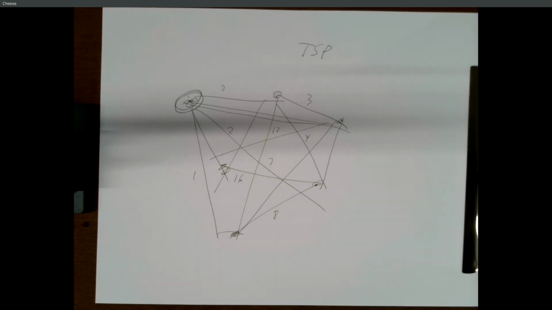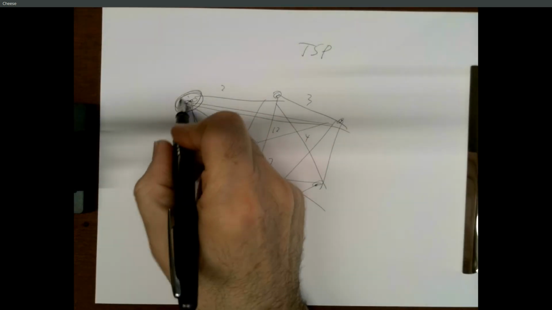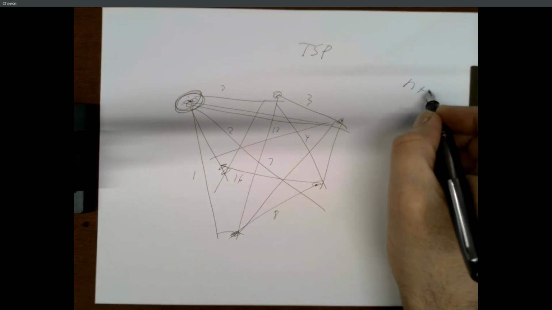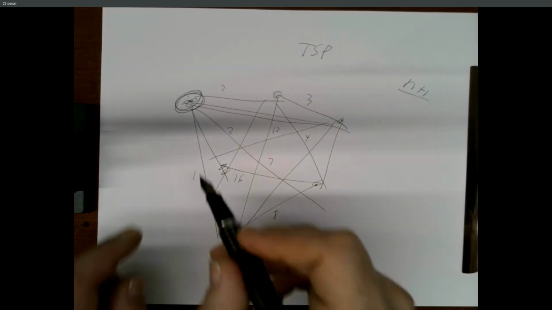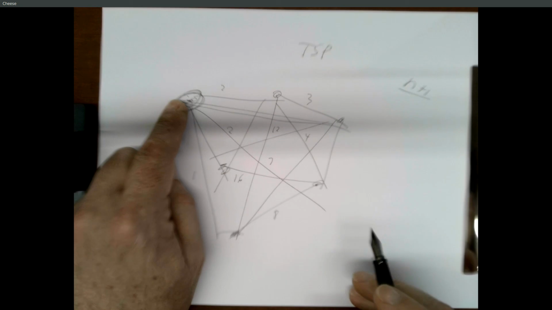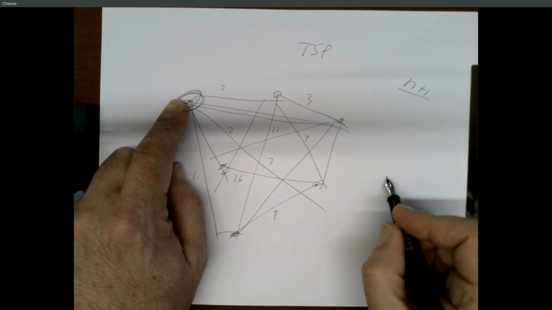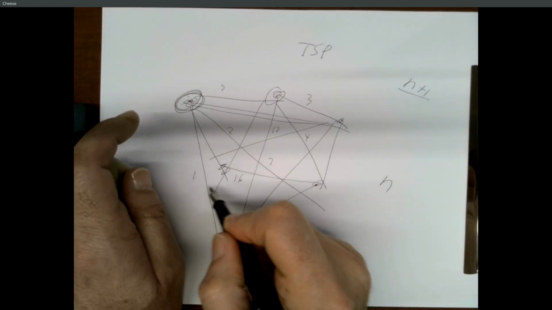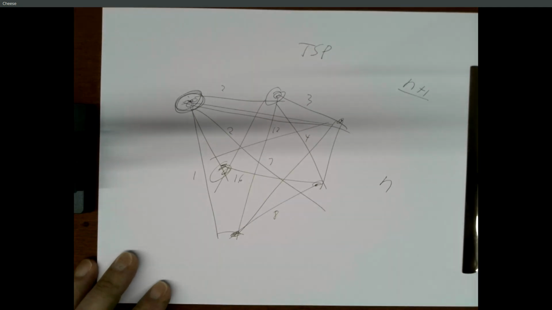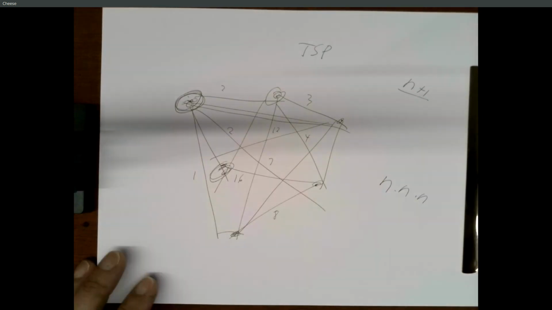It's easy to solve if you don't care about efficiency, right? If you start here, if you have n plus 1 cities, from this point you have n possible places you can visit. And once you visited one of those, you have n other possible places you can visit. And once you visited that, you have n other places you can choose to visit, right? And you're allowed to go back to a city you've already visited.